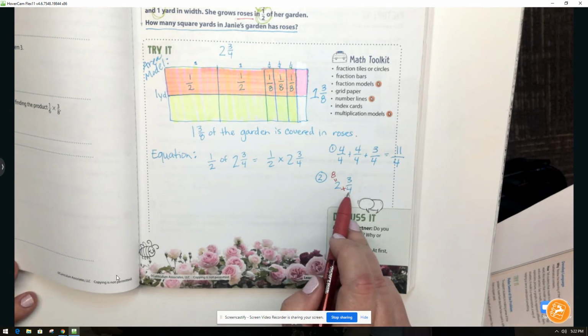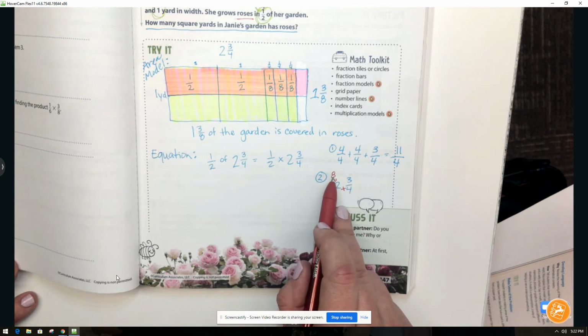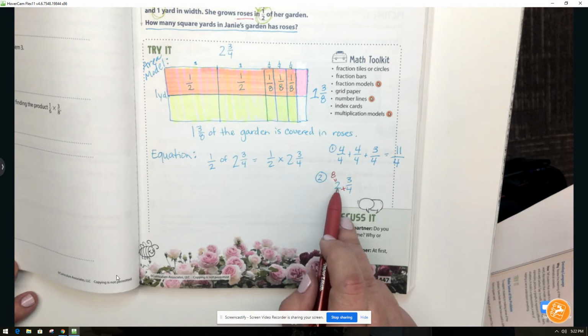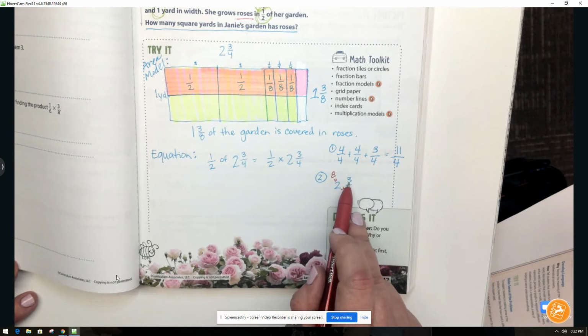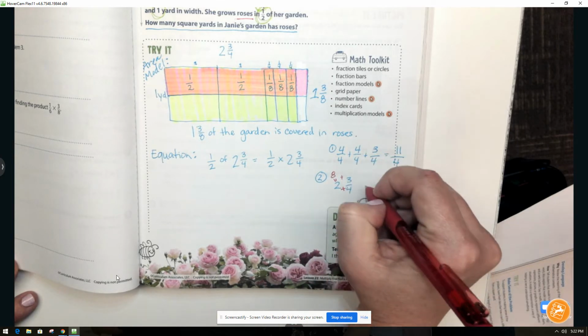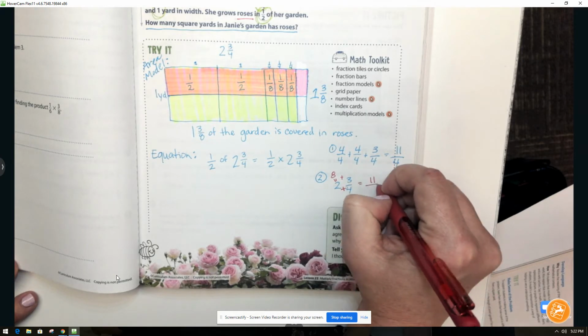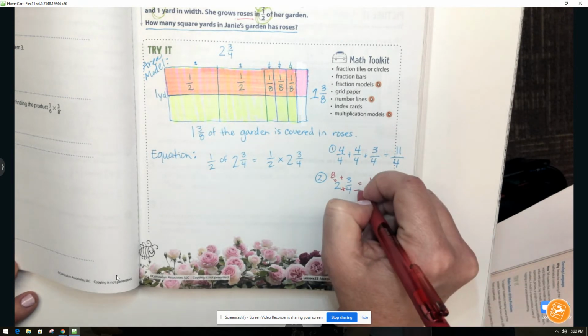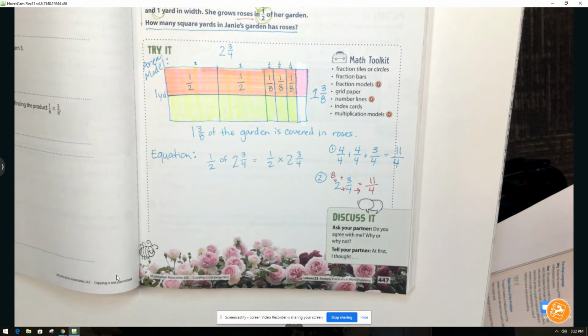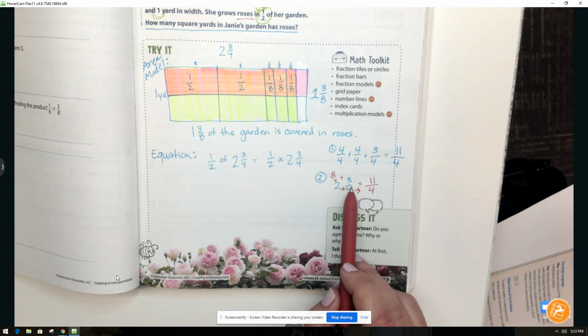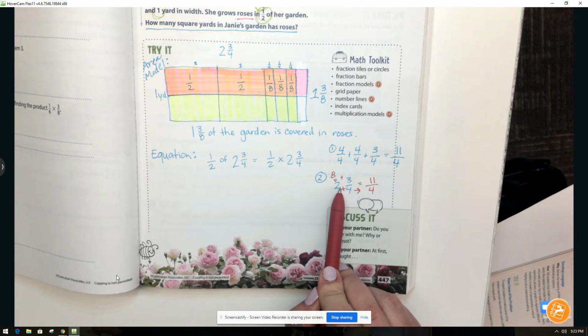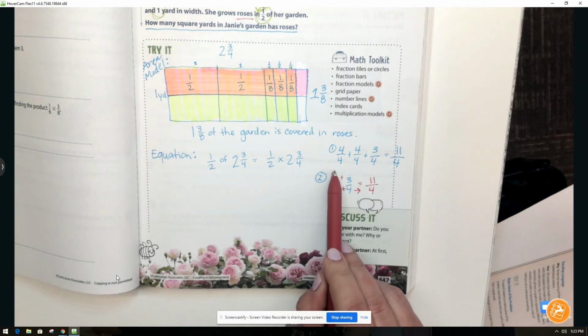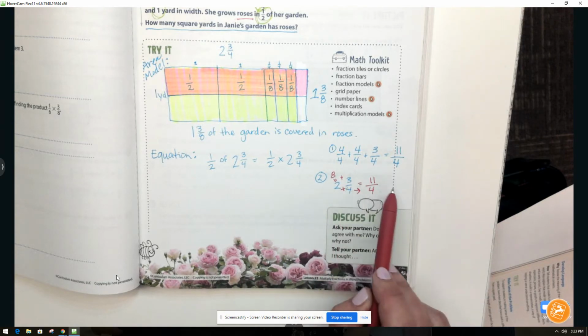Then you add that product of 4 times 2 to the numerator to get your new numerator, and the denominator stays the same. So you multiply the denominator times the whole to get your equal number of parts in 2 wholes, then add that to 3 to get 11.